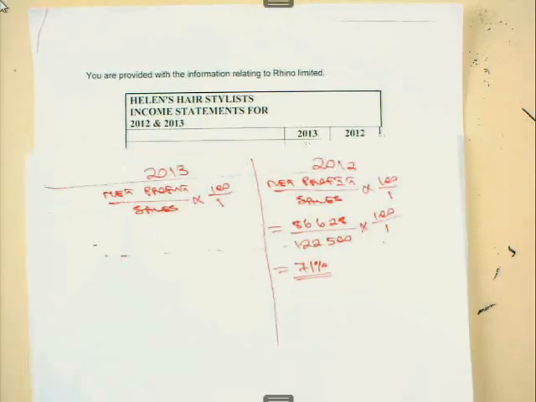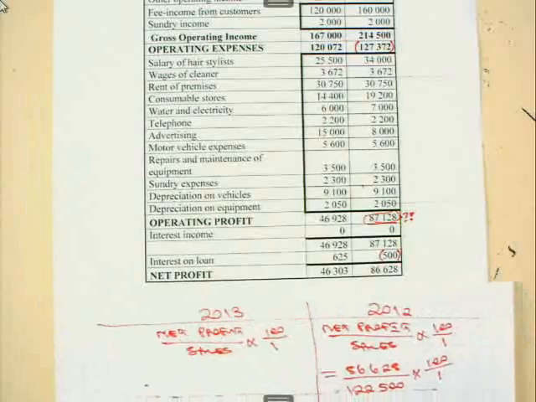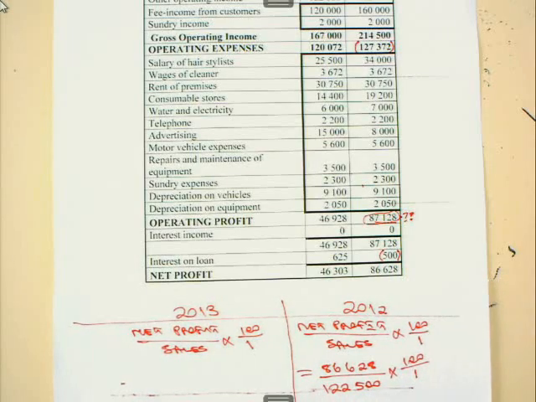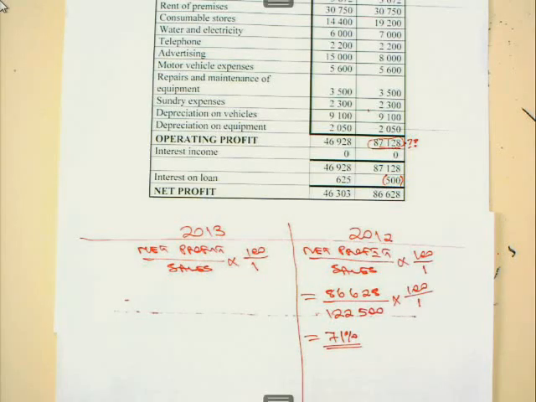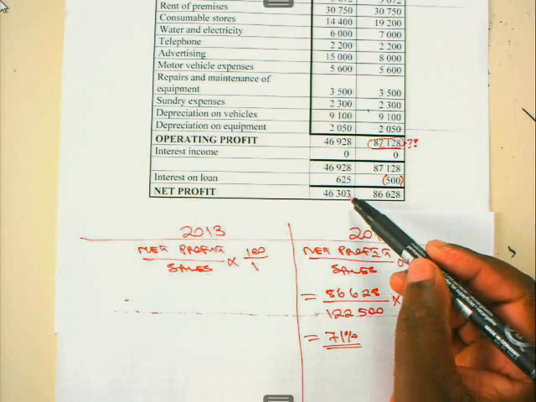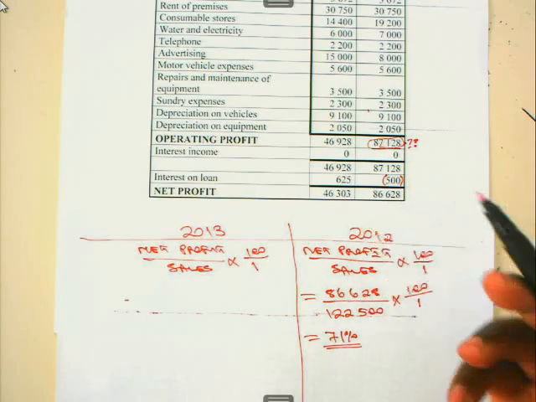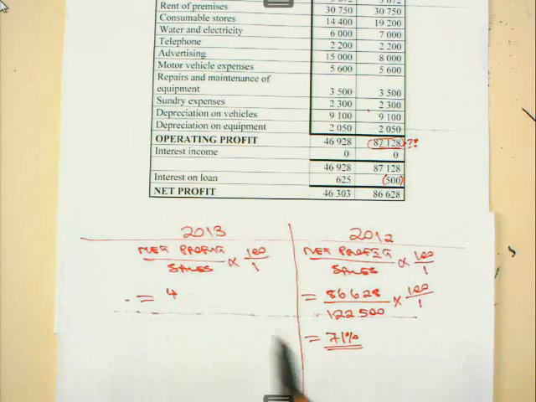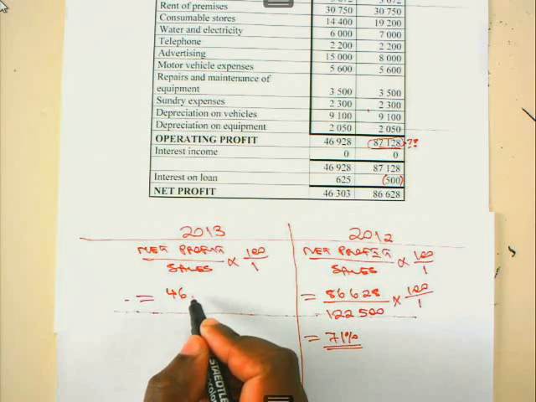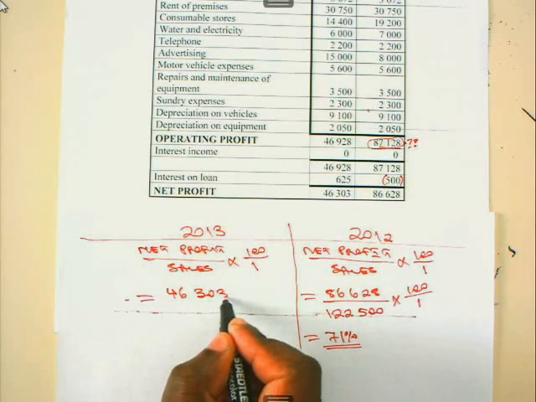Let us calculate the same for 2013 because we want to compare with the previous year. Remember I said it will not be accurate if you want to compare with other entities. It is only used for internal comparison because you are able to compare what we have inside the business, because companies operate differently. Our net profit for 2013 amounts to 46,303. We take it to our formula. It's 46,303.